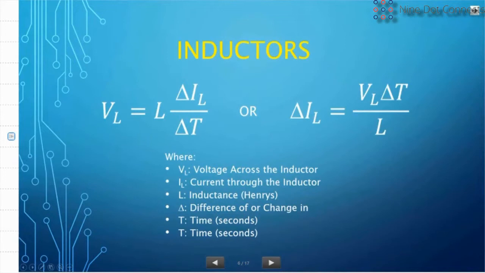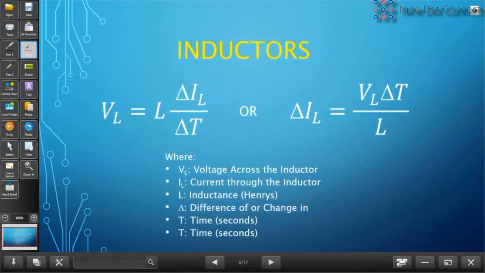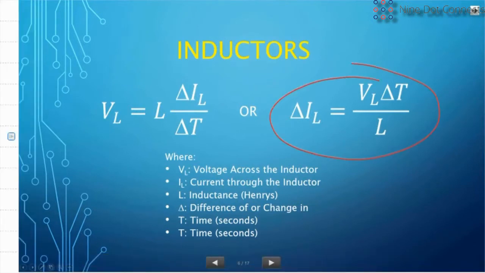Look at the equation over on the right: if you apply a voltage for a period of time, you have a voltage impulse that you've applied, and that will give rise to a change in the current level. And the ratio by which that happens is specifically the inductance.